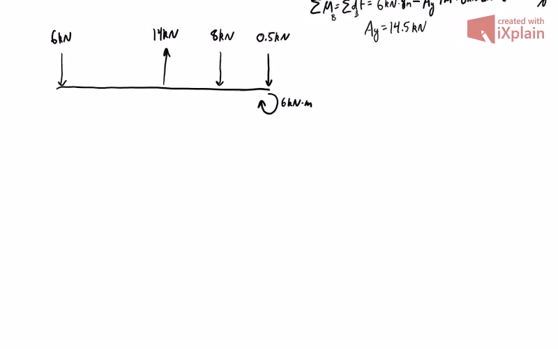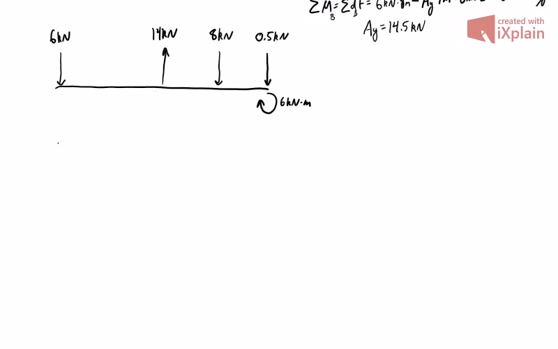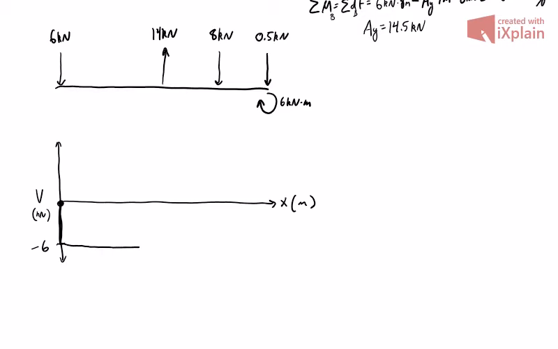Okay, so shear diagram. We draw our x-axis, which is going to be in meters. Our shear is going to be in kilonewtons. All right, so we start at 0. Our first force is a downward 6 kilonewtons, so we drop down to -6 on our shear, and then we go straight across.